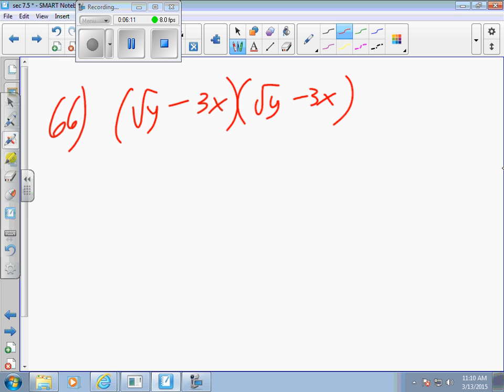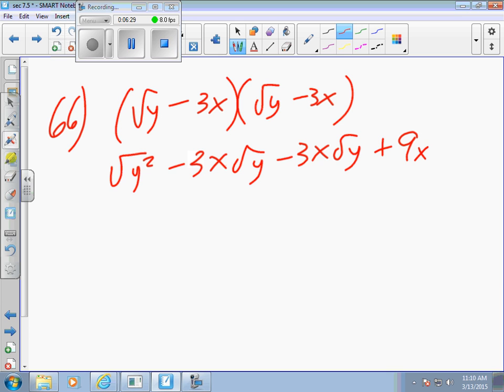Now I'm going to FOIL it. First times first gives me the square root of y squared. Outside times outside gives me negative 3x square root y. Inside times inside gives me negative 3x square root y. And last times last, negative times negative gives me positive 9x squared.